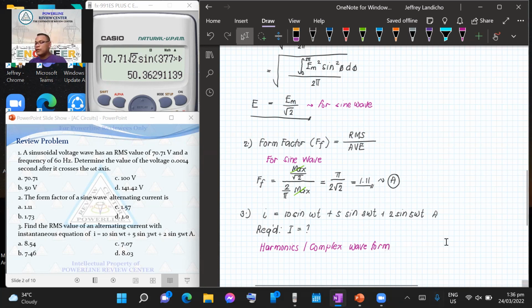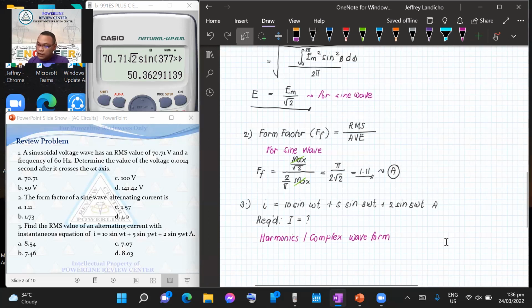So tinawag naman natin siyang complex form since for any alternating quantity that is considered, no, in terms of current, so generally, pwede natin express yan as what? No? Ay DC plus the summation of your maximum current sine n omega t as n approaches to 1 or n equal to 1, then approaches to infinity.